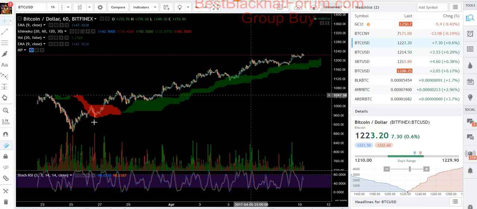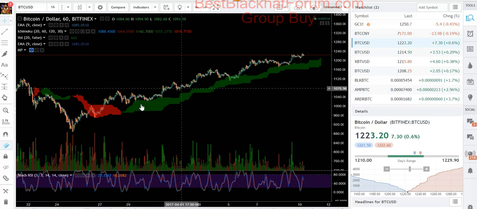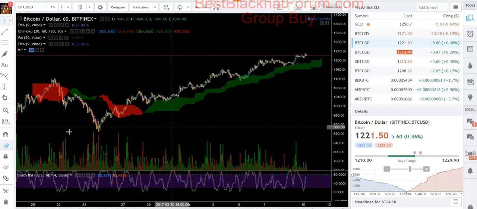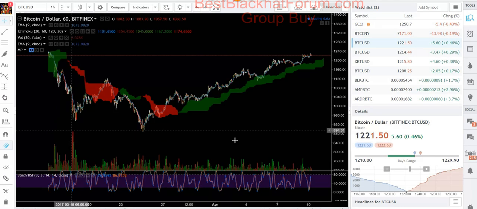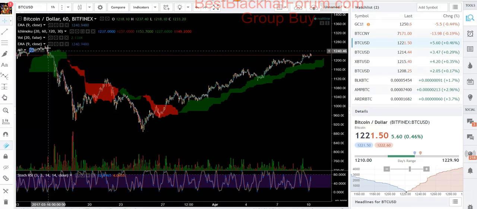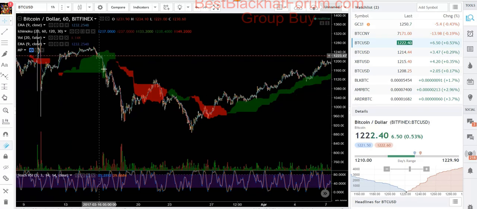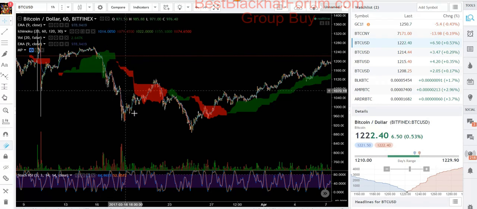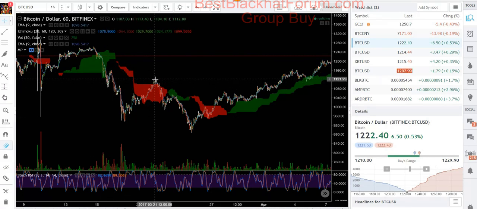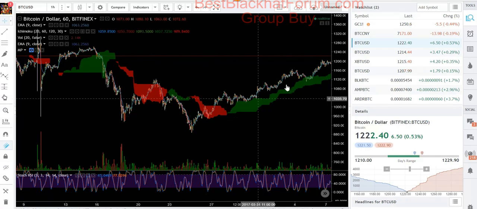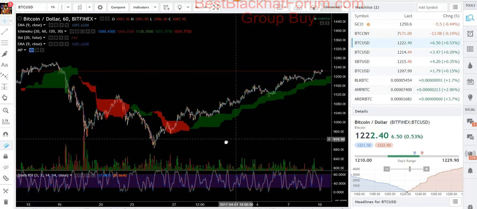And so now when we look at this entire move up, all right, since the bottom here, well, first with a quick glance, here where we sold off, we broke the hourly cloud, okay? And we started trading under the cloud. We couldn't make it through the cloud here. It faked us out, and still we trade under the cloud until we broke through the cloud here. And then look, we started trading on top of the cloud here, okay?